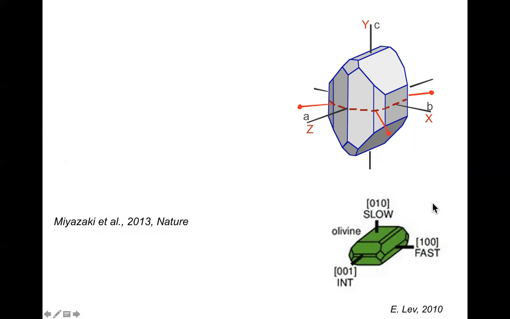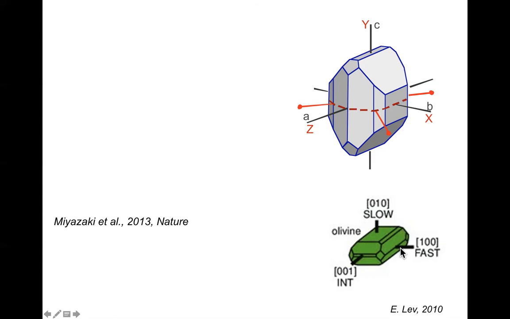And this picture from Lev, I think 2010, shows that actually seismic waves, much like optical phenomena in calcite that we've already talked about, travel faster in one direction through olivine than they do in the other direction.